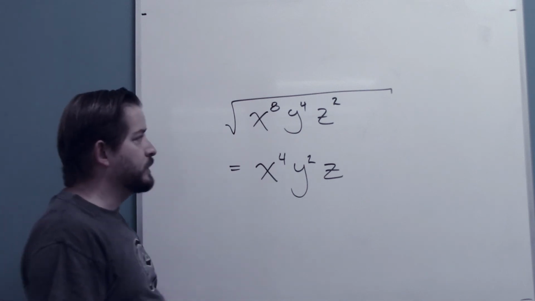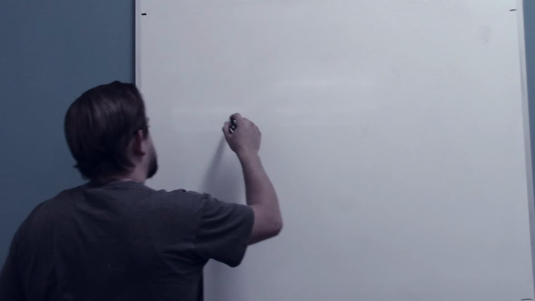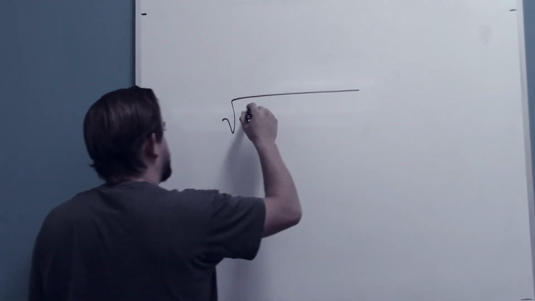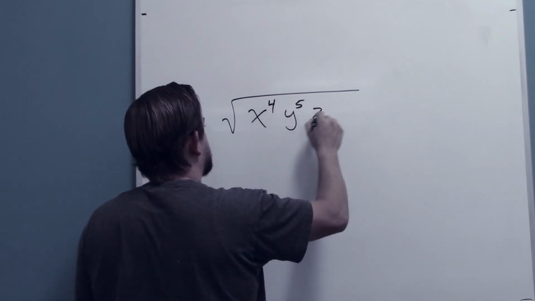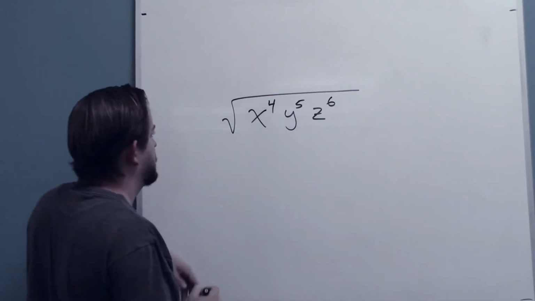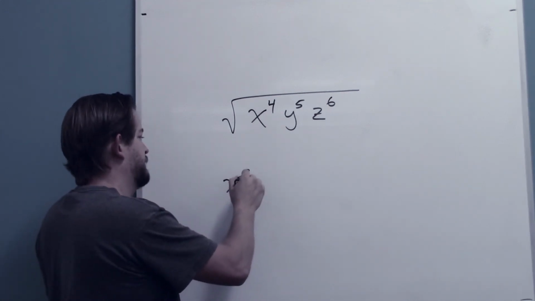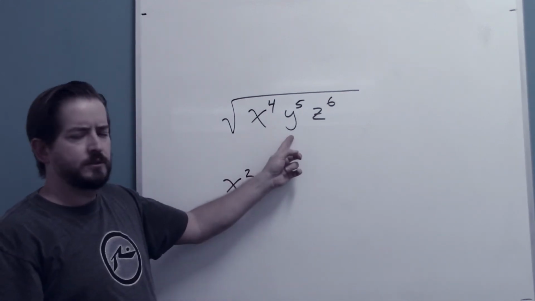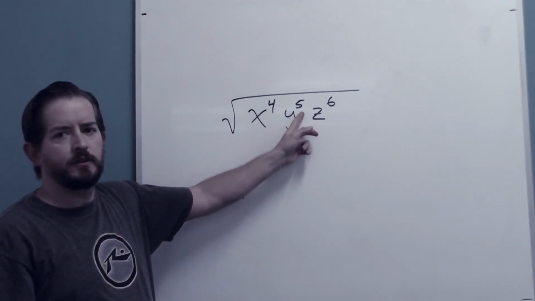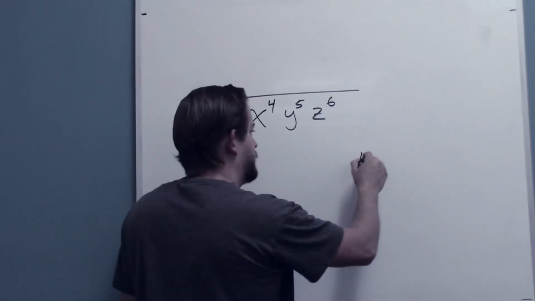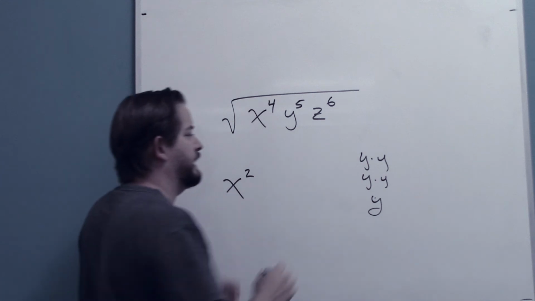It doesn't always work out nice and perfect like this. Let's say I have the square root of x to the 4th, y to the 5th, and z to the 6th, right? I can see that I have 2 pairs of x's, but I have 2 pairs of y's and 1 left over, right? Because there's 5. There's a y times y times y times y times that last y hanging out there.